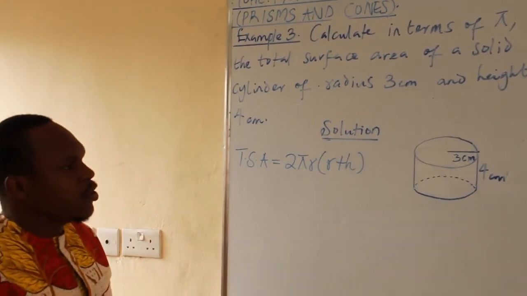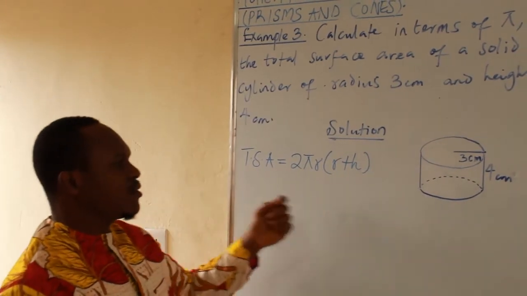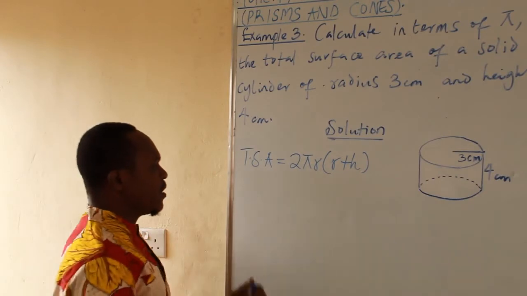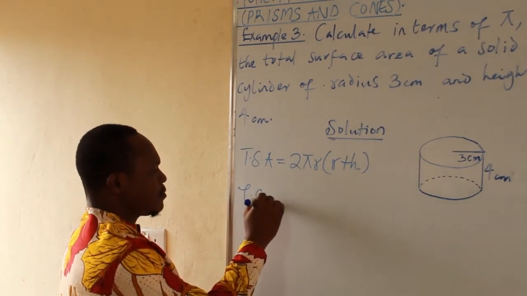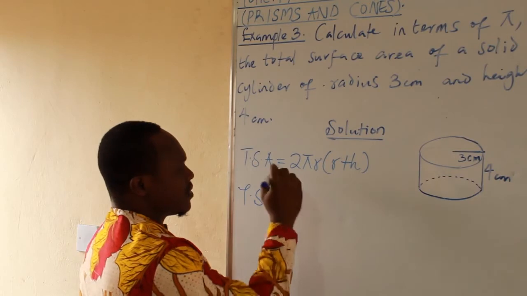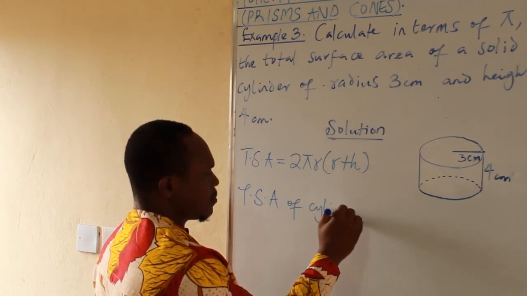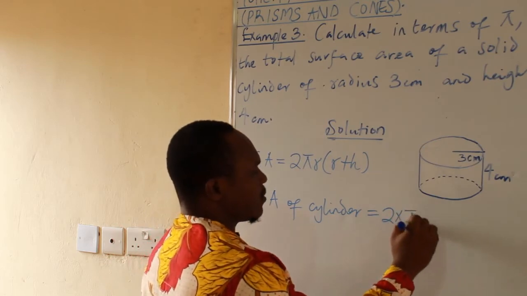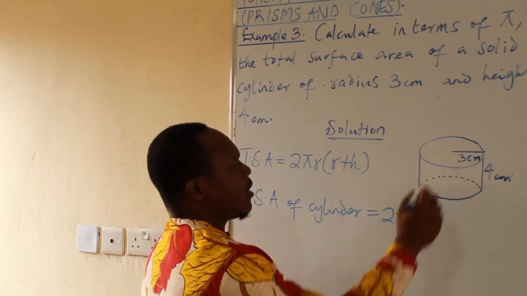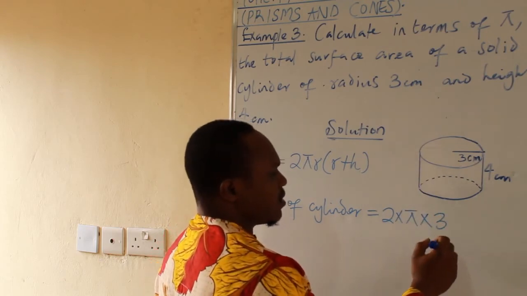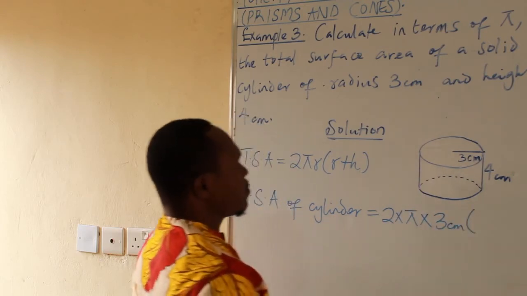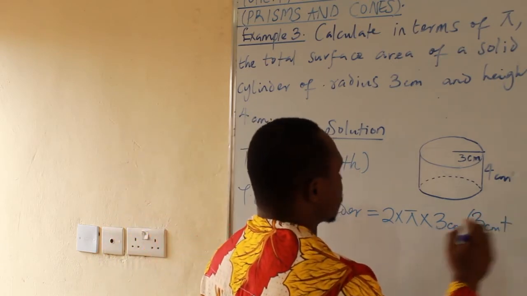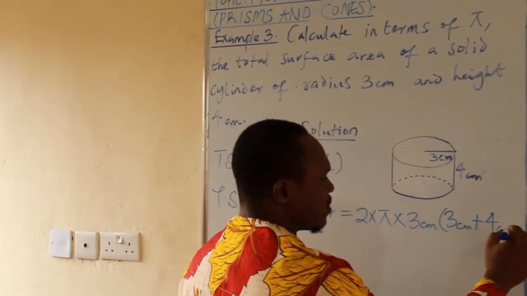Okay, so if we impute the values of r, the radius, and h, which is the height, into this formula, we have the total surface area of this cylinder as 2 multiplied by pi multiplied by our r, which is 3 centimeters, into our r, which is 3 centimeters, plus the height, which is 4 centimeters.